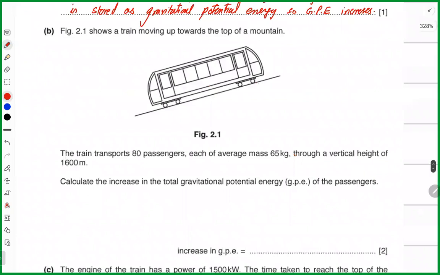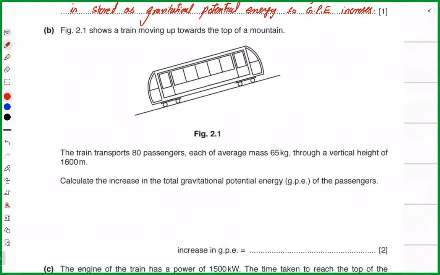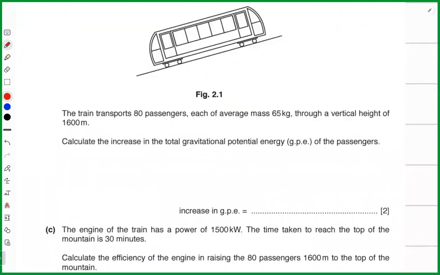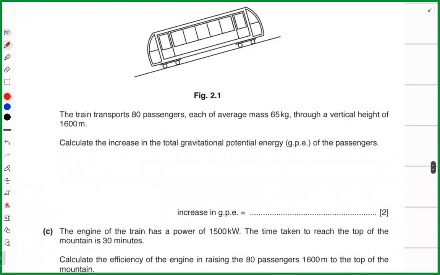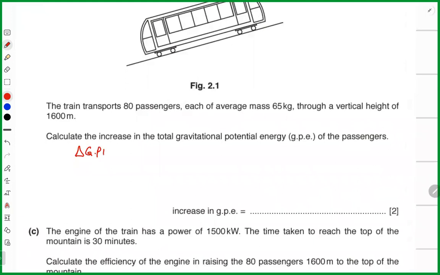The train transports 80 passengers, each of average mass 65 kg, through a vertical height of 1600 meters. Calculate the increase in gravitational potential energy. How many of you can do it? Teacher, do you do 80 times 65 to get the total mass? Then just multiply by the height and gravitational acceleration, 10, right? So 80 into 65 into 10 into 1600.